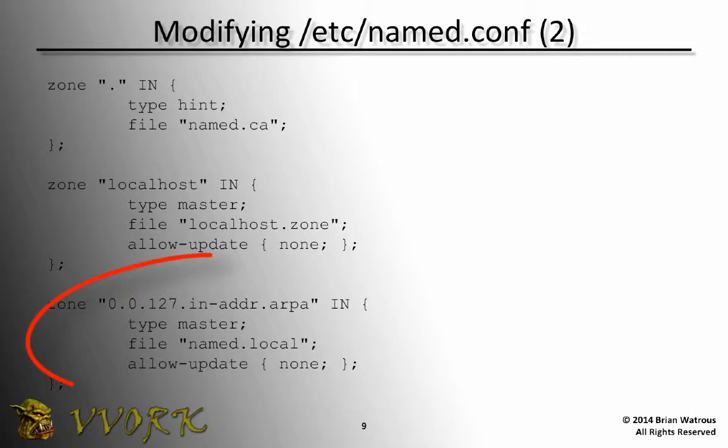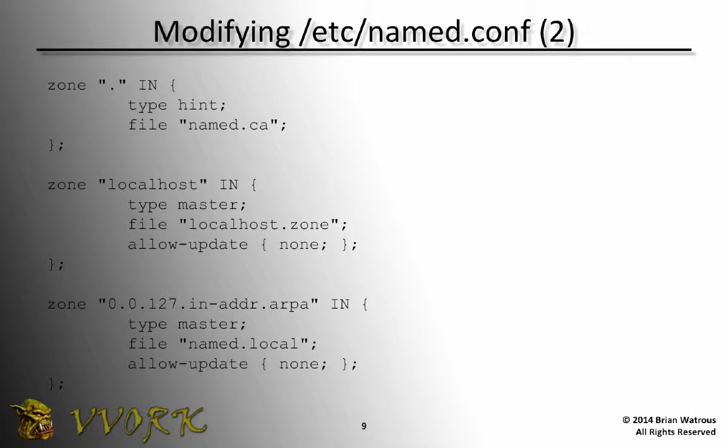In the third zone that we see here, you see a zone that's a little bit weird looking. It ends in in-addr.arpa. Now I'm not going to go into the whole history of why this is, but reverse lookup zones in your named.conf file are all going to end in .in-addr.arpa. The portion before the in-addr.arpa is the network address that this zone defines.